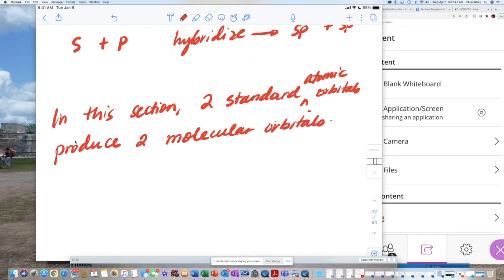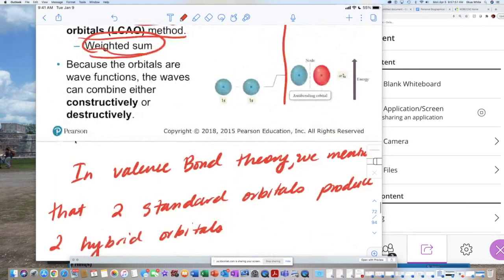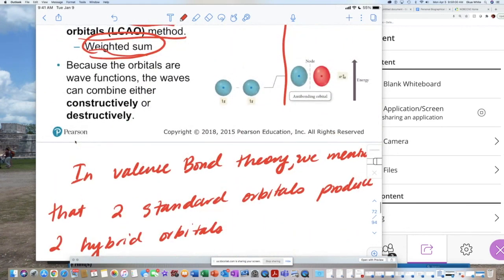Okay, so they're not hybridizing this time because this is a whole different section in the chapter. We have 2 molecular orbitals. And so we have to treat these molecular orbitals, the way they're coming together, as wave functions. So let me go back here and I'll come back to continue my statement.